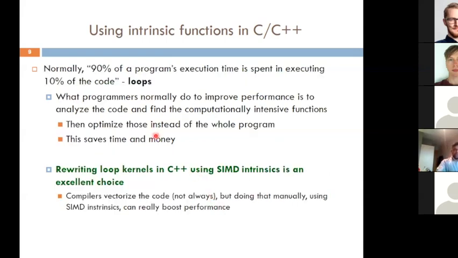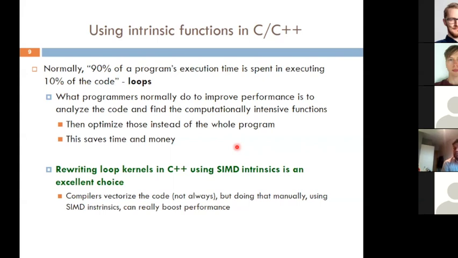Normally we see that 90% of a program's execution time is spent executing 10% of the code, especially loops. So most of the execution time is spent on loops. Rather than optimizing the whole program, there's a better way of analyzing the code using different profilers.